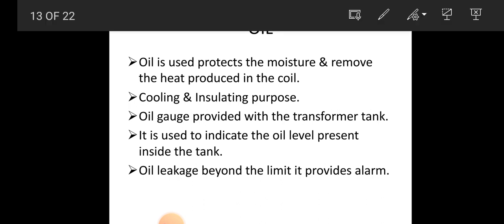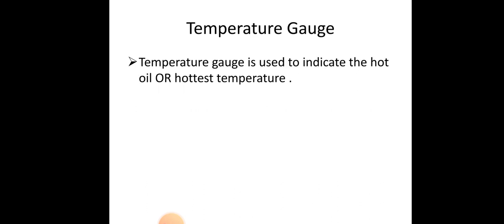In case of any oil leakage beyond the limit, it will provide an alarm. The properties of oil are high dielectric strength, low viscosity to provide good heat transfer, and free from inorganic acid.